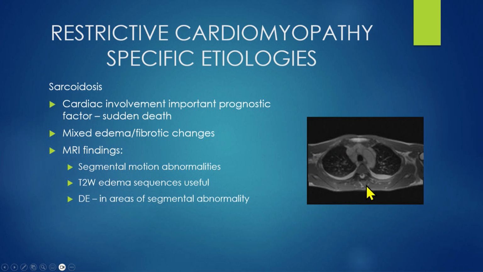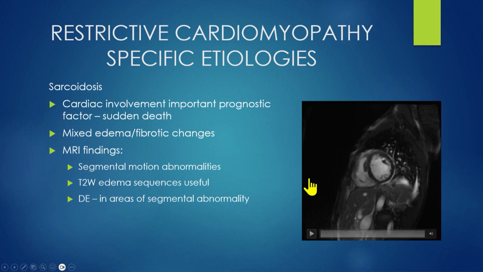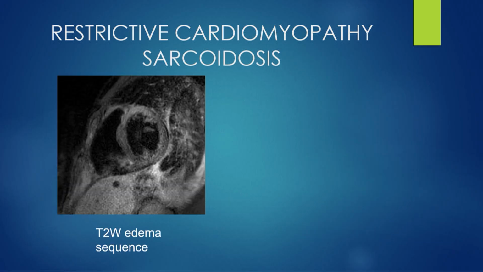Sarcoidosis is another one. This is just showing adenopathy, and in this case, you can do the delay. It tends to be patchier. The bright blood images just show nonspecific findings. But what you can see is sometimes edema with sarcoid, because there are areas where it's scarred and areas where you still have infiltrative disease.